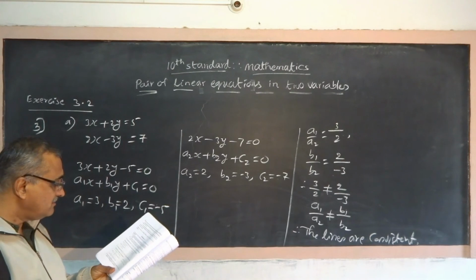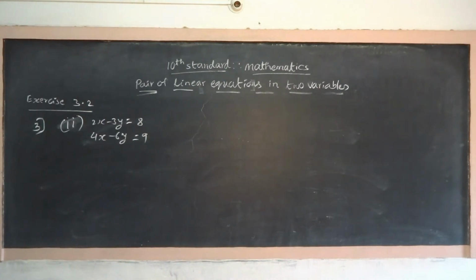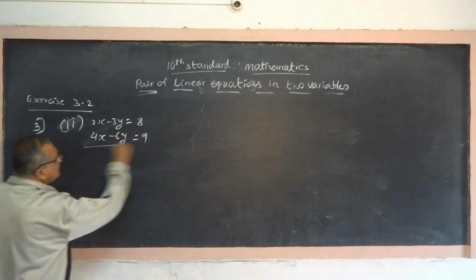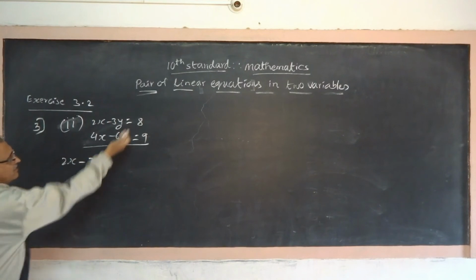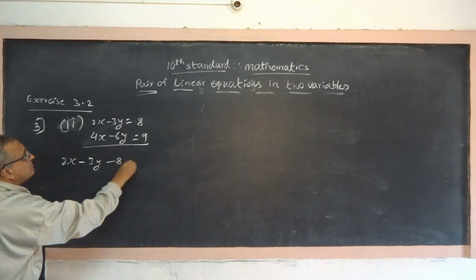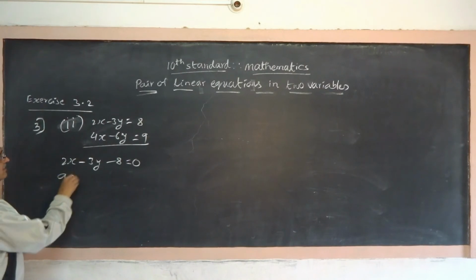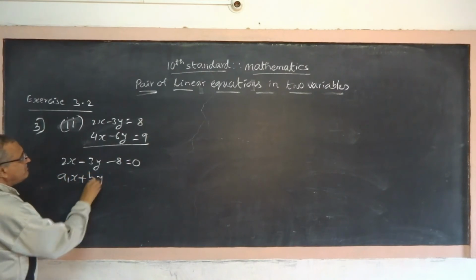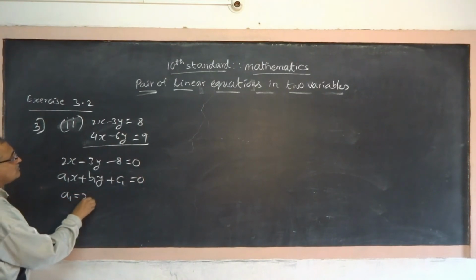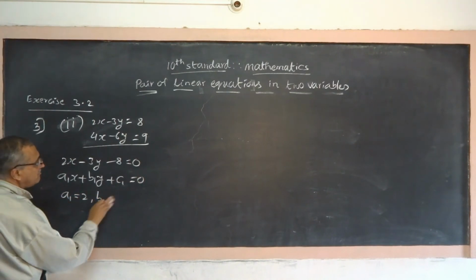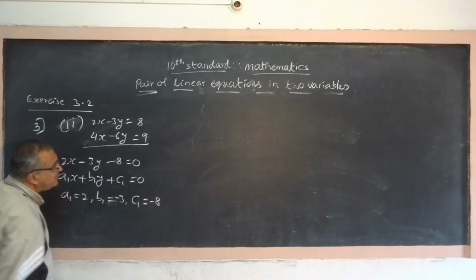Now the second one. Take 2x minus 3y, bring 8 to this side: minus 8 equals 0. a1x plus b1y plus c1 equals 0, so a1 is 2, b1 is minus 3, and c1 is minus 8.